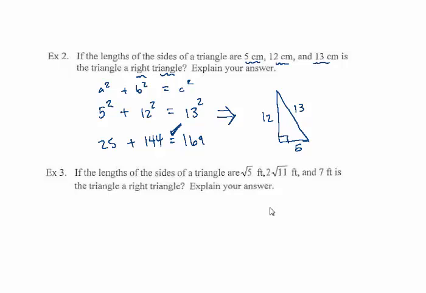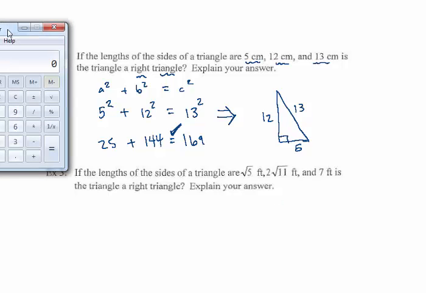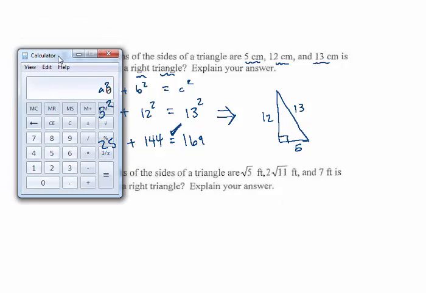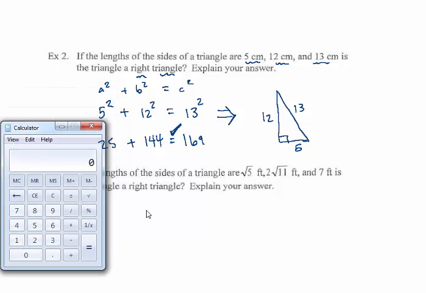So what we need to do is take our calculator, and we have 11 and we want to calculate the square root, and then we want to multiply it by 2. Of course, this is an irrational number.